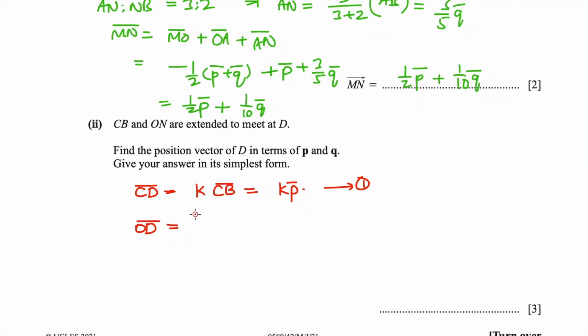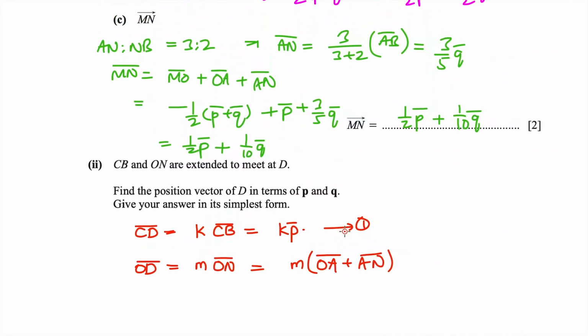OD bar is equal to some other value M into ON bar, and ON bar is nothing but OA bar plus AN bar. So we have seen it already before. So M into P bar plus 3 by 5M into Q bar.